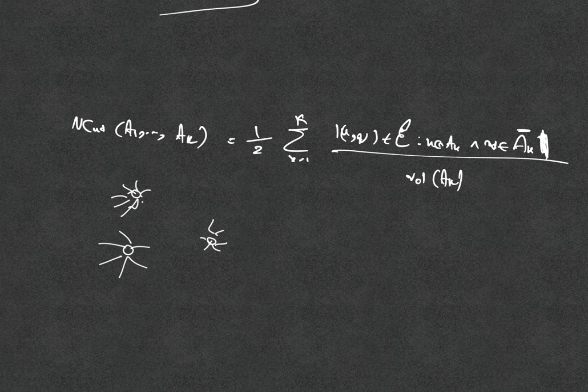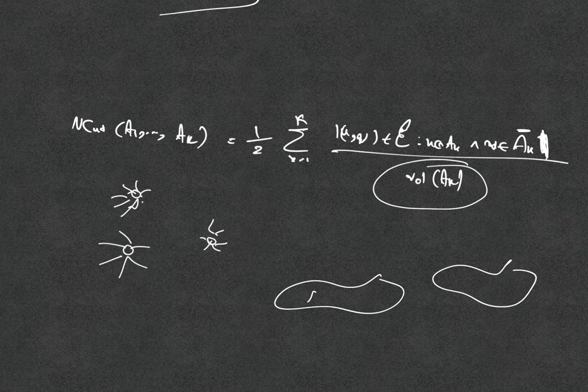You're trying to enforce a uniformity, meaning that if you have two clusters, like AI and AJ, you want the number of adjacent edges to the nodes in these two clusters to be pretty close in some sense.